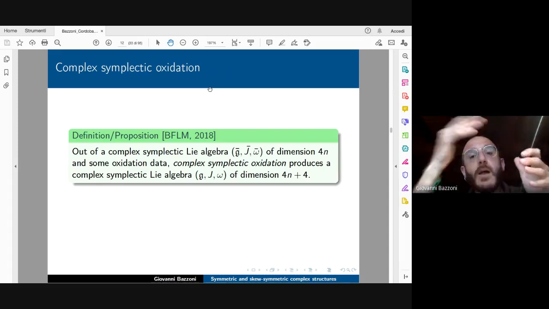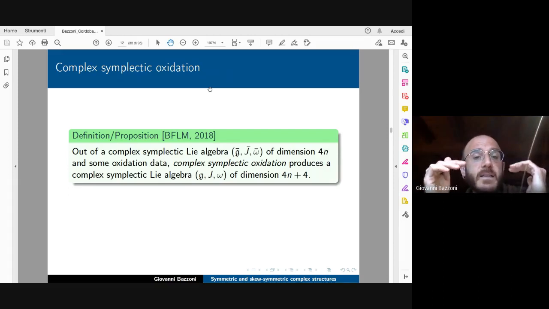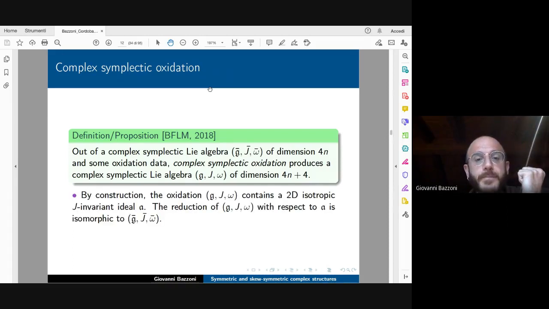So the dimension goes up, okay, by exactly 4, that's the smallest possible gap, right? Because the dimensions have to be multiples of 4. So if you're in 4n, the next higher dimension has to be 4n plus 4, okay?